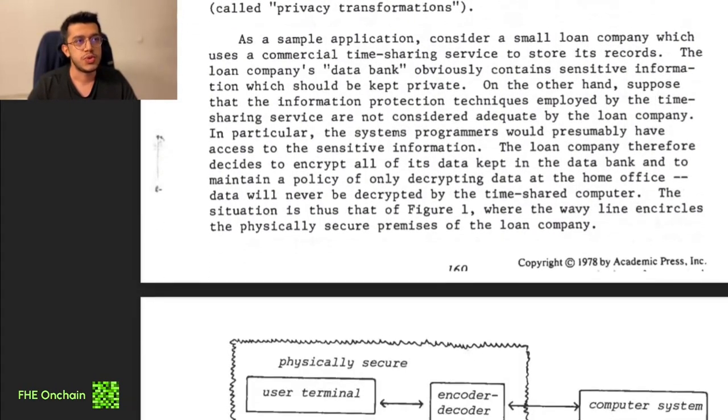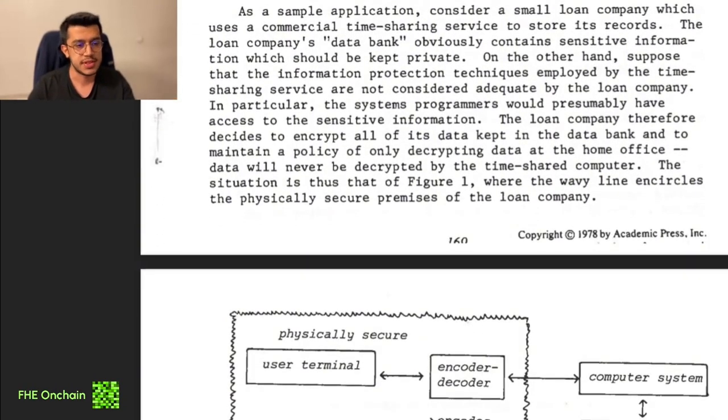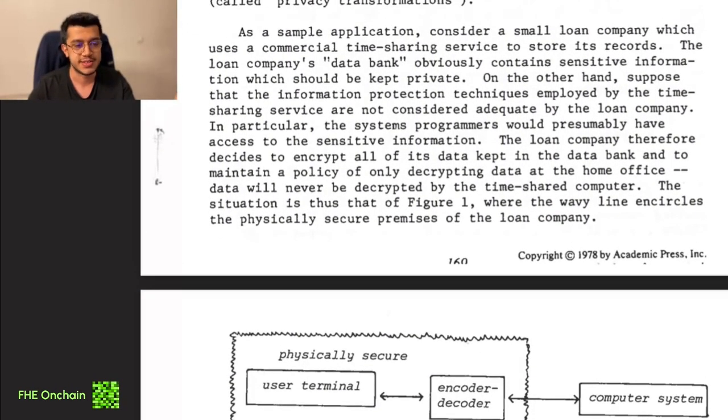So they start with an example they call a small loan company, which uses a commercial time-sharing service to store its records. The loan company's data bank obviously contains sensitive information, some sort of sensitive financial information, I suppose, and of course it should be kept private.